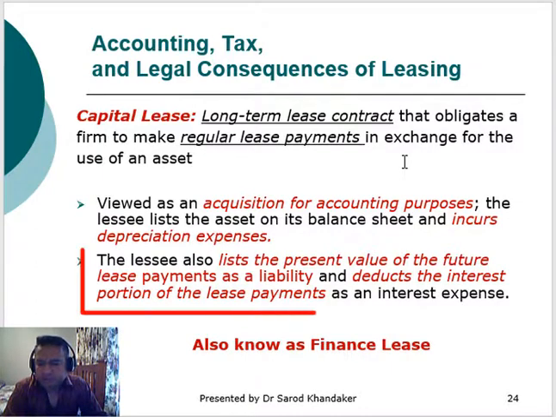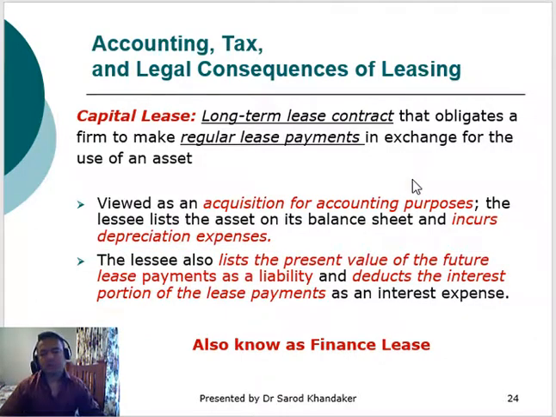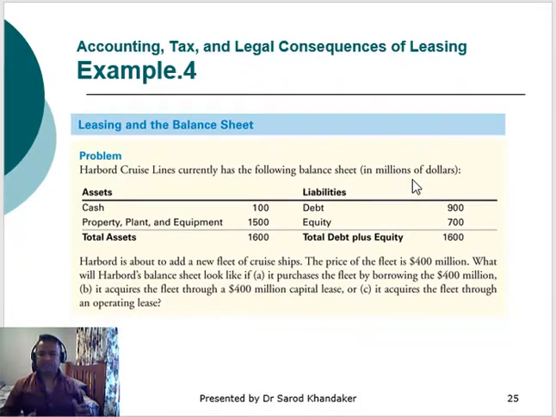The lessee also lists the present value of the future lease payments as a liability and deducts the interest portion of the lease payment as an interest expense. This is also known as the finance lease. So let's look at what really happens in the operating lease and the capital lease.